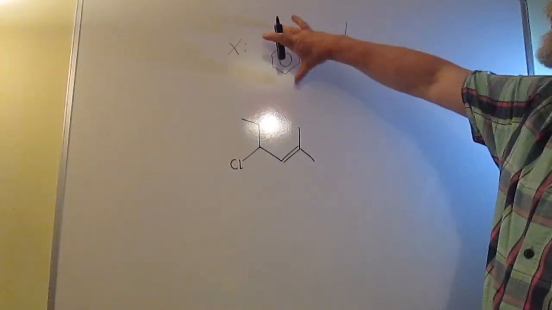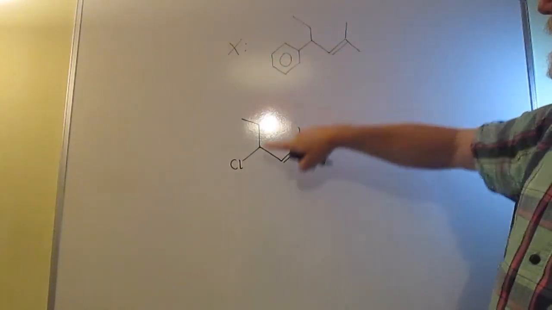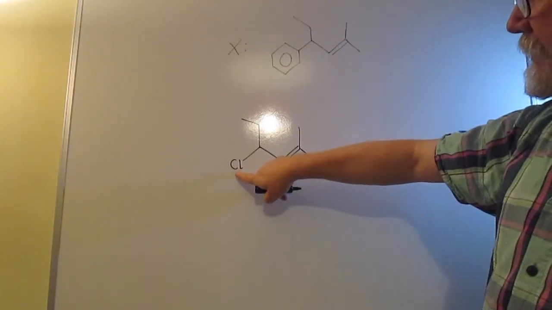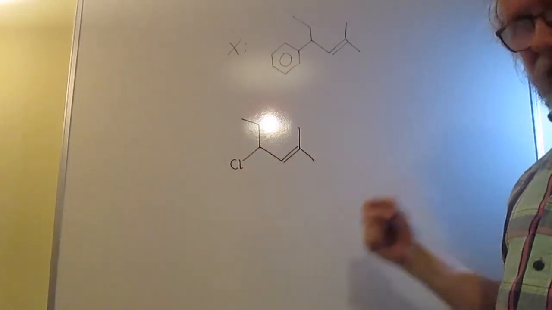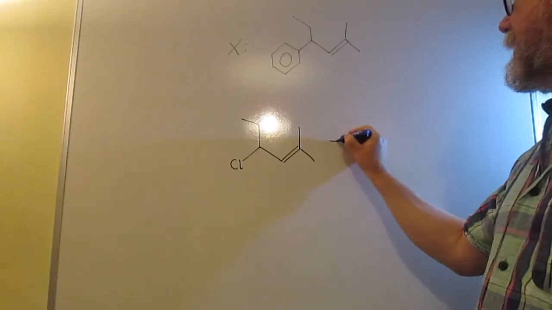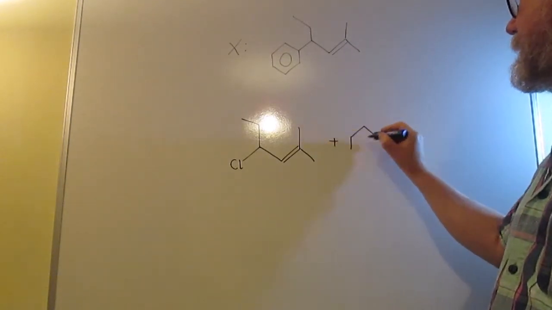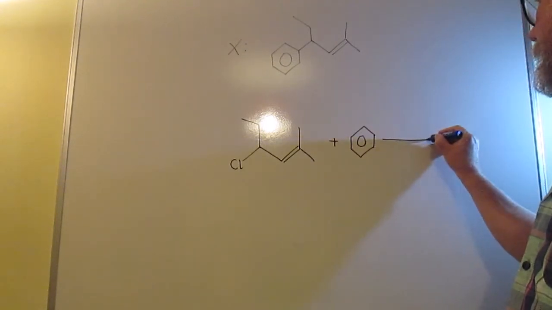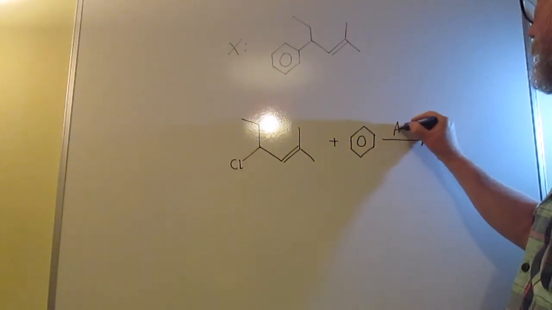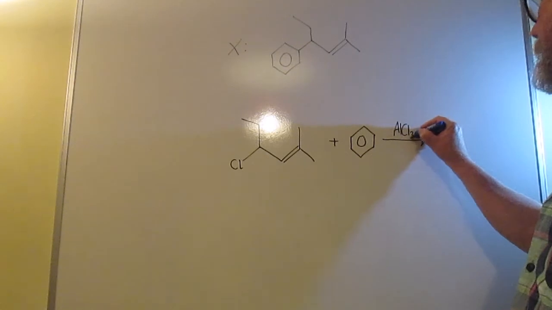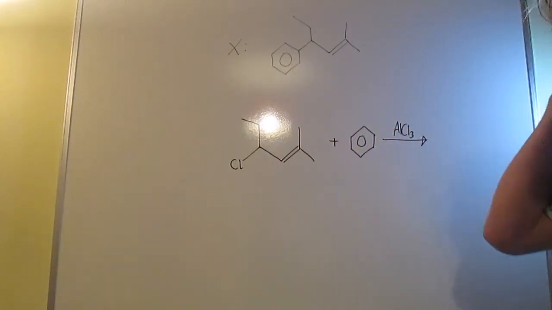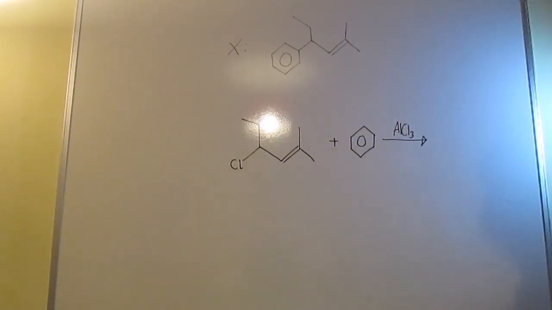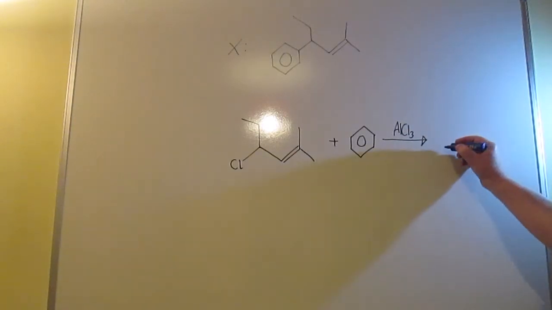So wherever you want the benzene to be in your target molecule, you just say, right, what I want in the starting compound is just a chlorine in that same position. And if you react that with benzene, you need a halogen carrier catalyst. So AlCl3 or FeCl3 would do. Don't give alternatives, pick one or the other, but let's use AlCl3, and that will give us our product.